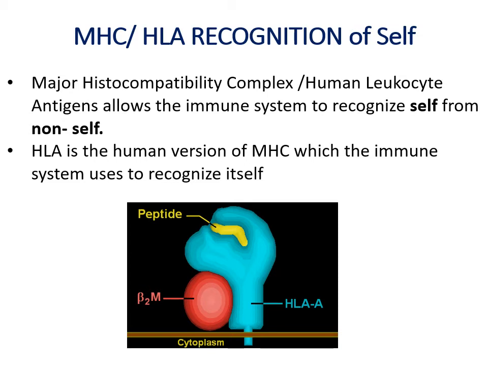And this allows the immune system to recognize itself and not attack those cells, versus having antigens on the bacterial surface or cells that are infected with a virus. They will have different proteins on the surface, and the immune system can then hopefully recognize the non-self proteins and attack it. So again, a really amazing system of recognizing its own self.